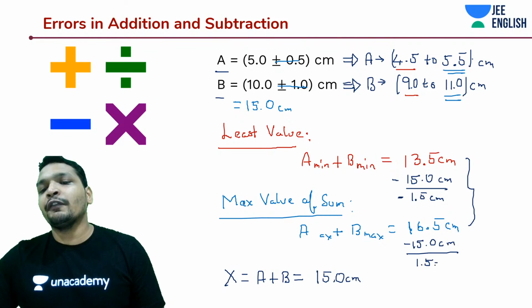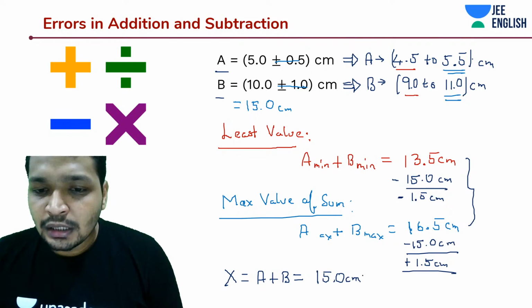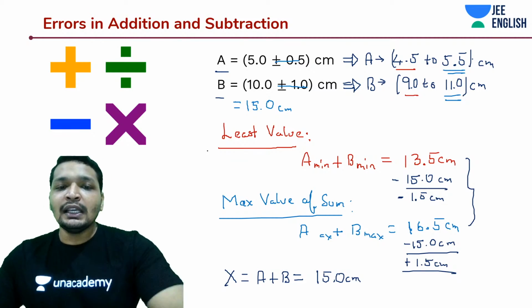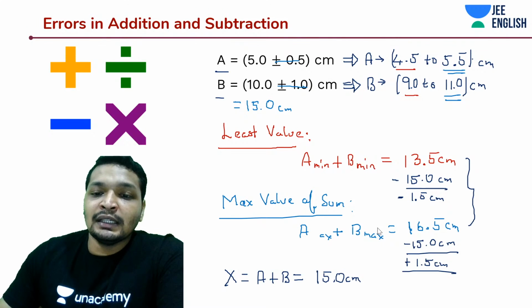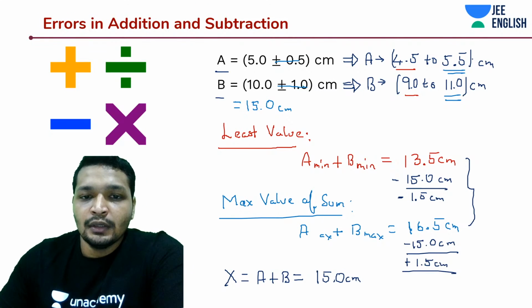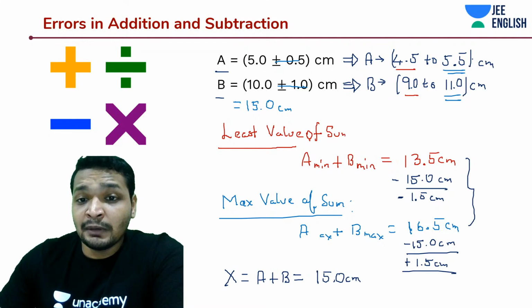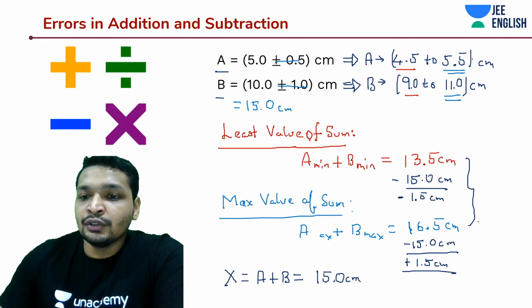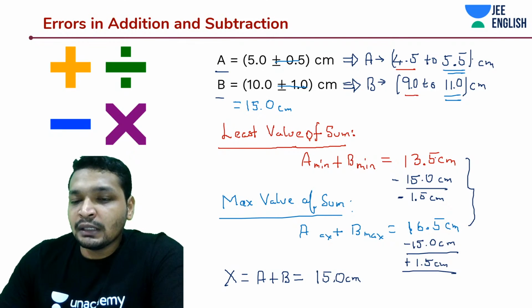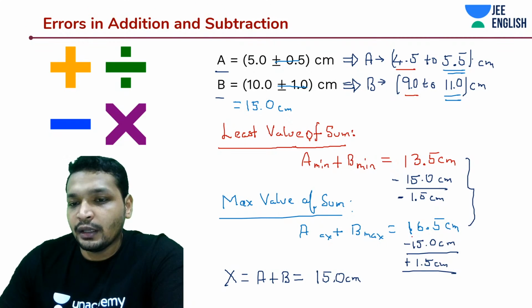plus 1.5 centimeter, right? So that means your value, this is the least value of sum. That is what it is. And we found out the maximum value of sum. We did two things, and we know the range should be between 13.5 and 16.5, right?